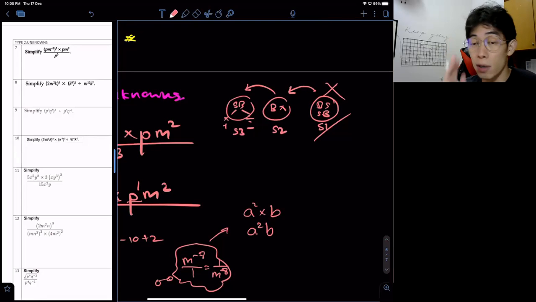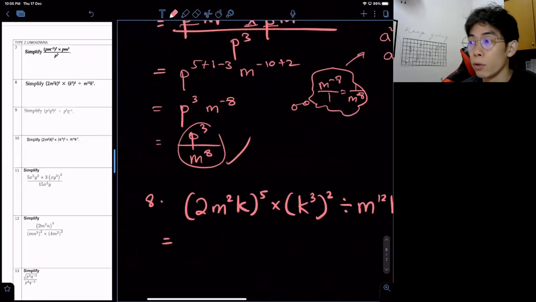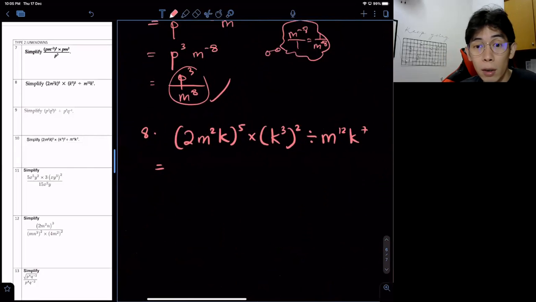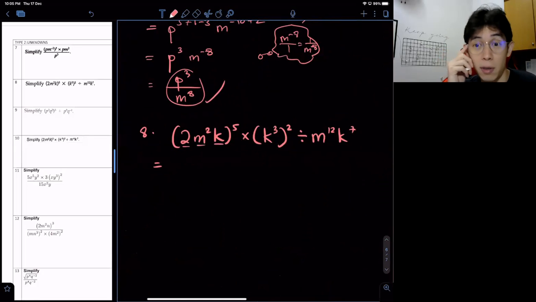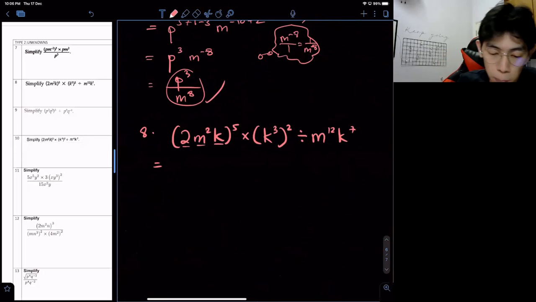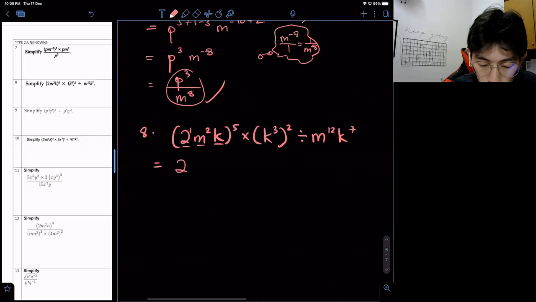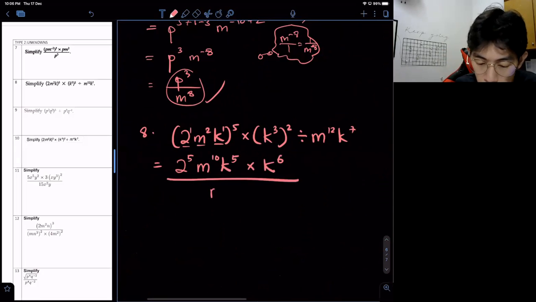When you minus, divide. Bracket 1, 2, 3, 3 bases, right? Every base there is an index, so you put a 1 there. So 2 power 5. M power 10, K power 1 over here, you get a 5. Times with K power 6, divide M12 K7.